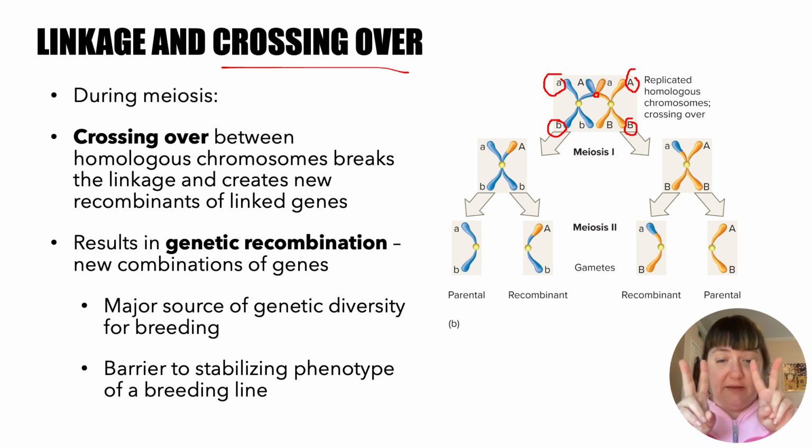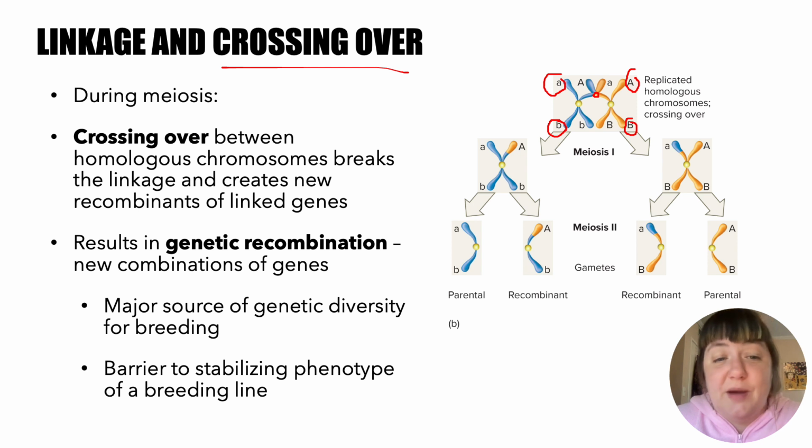Those duplicate, and then they come together, crossing over happens, and they split off into 2. And then those 2 get split off again into haploid gametes. And that's shown here also. I just have to do it with my fingers to remember how it works.